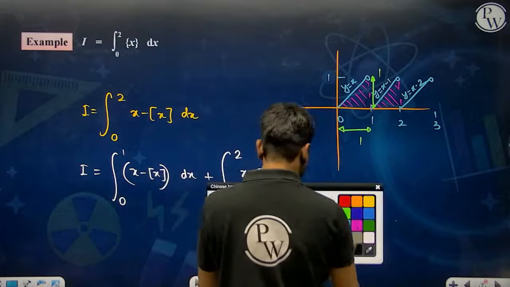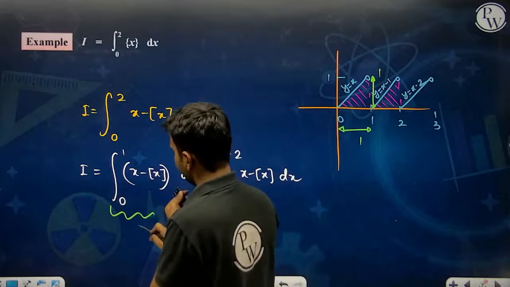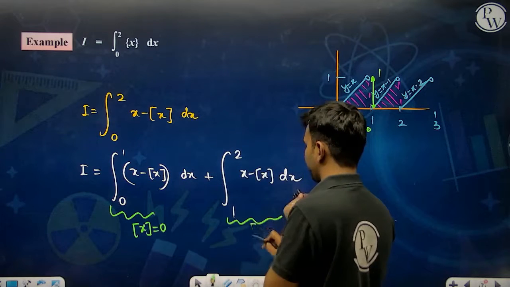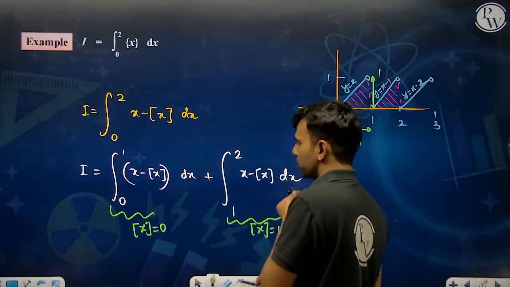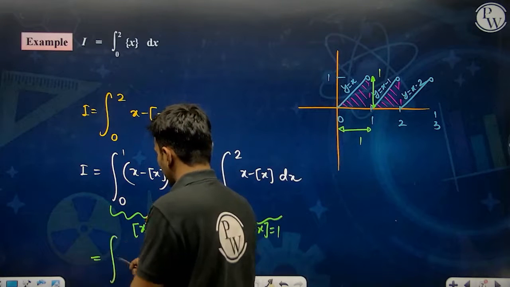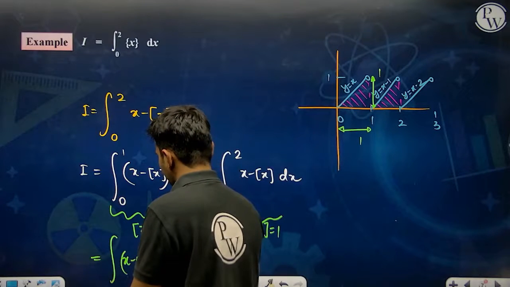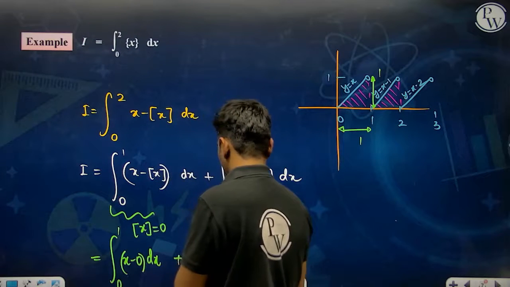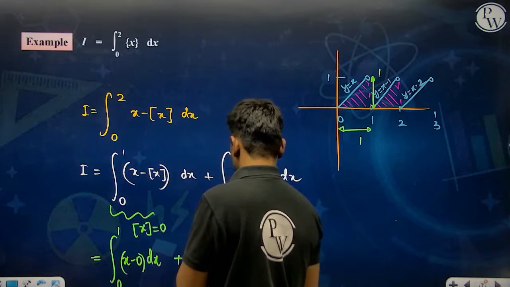In this interval, your greatest integer of x is going to be 0. And in this interval, your greatest integer of x is going to be 1. So after putting all these values, you can write x minus 0 dx going from 0 to 1, and over here, from 1 to 2, it is going to be x minus 1 dx.